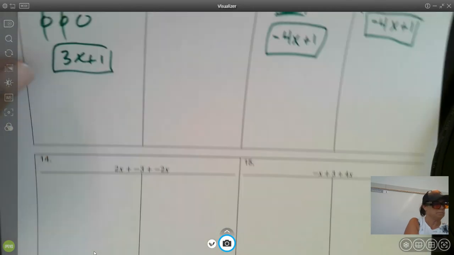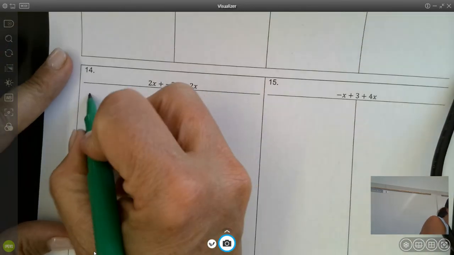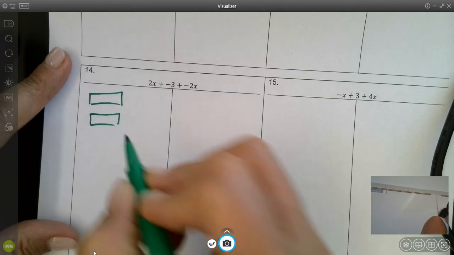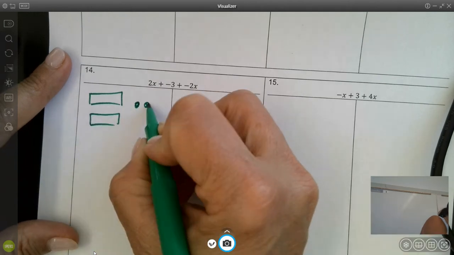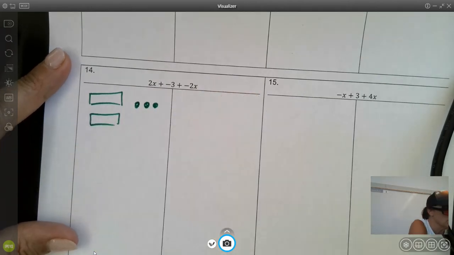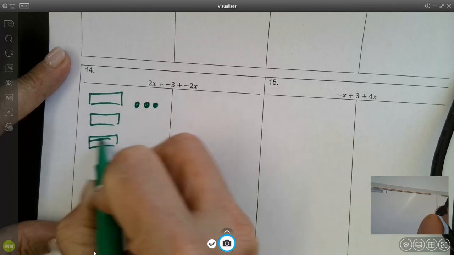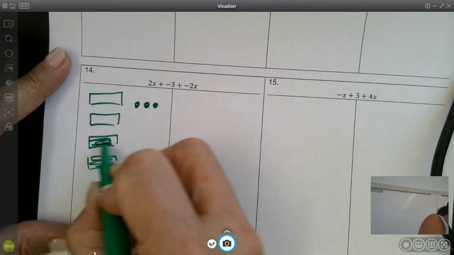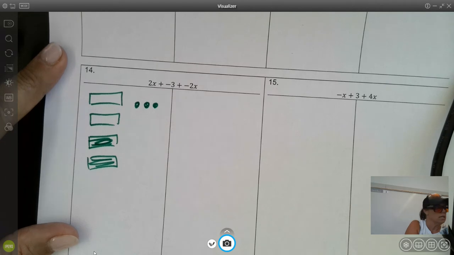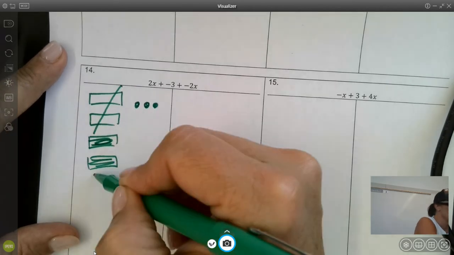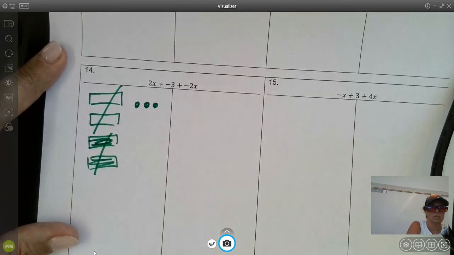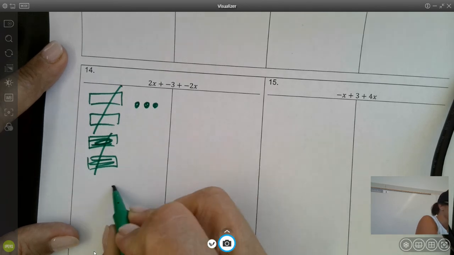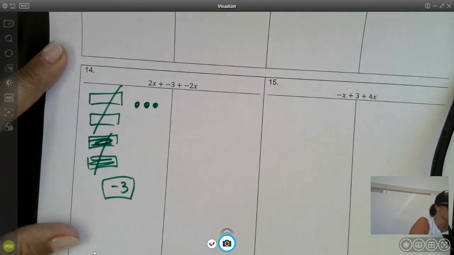Okay, 2 more. So I've got 2 positive x's, 3 negative units, and then 2 negative x tiles. All right, well, these 2 go away with these 2. And I'm just left with 3 negative tiles.